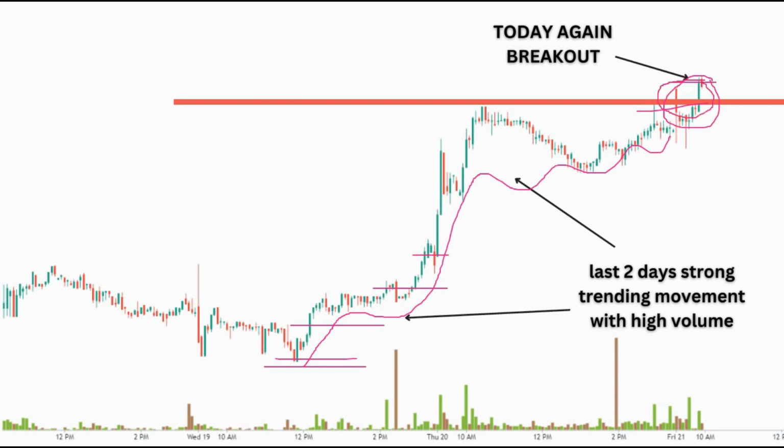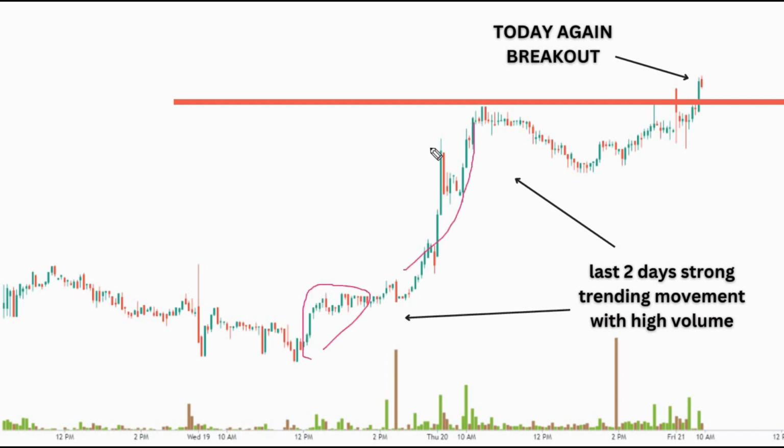And also prices had moved very aggressively towards the upside without any deep retracement or correction. So there are higher chances that after this breakout a deep retracement or a correction would come. This is higher probability, although on the daily chart prices looked very bullish.